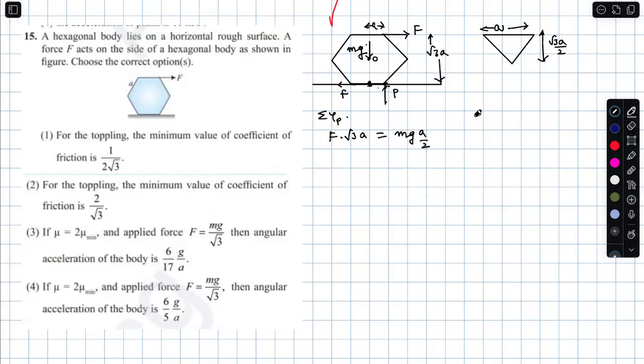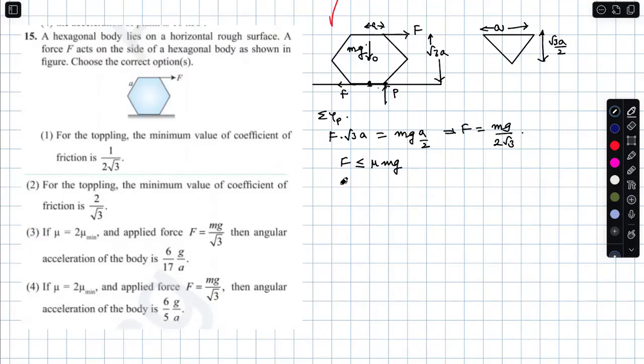So what is the condition? Here, F is mg by 2 root 3. Remember, you want toppling, not slipping. So F must be less than or equal to mu mg. Agreed? Boys and girls.